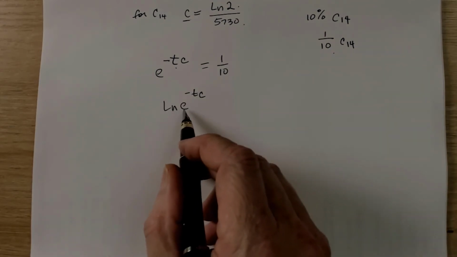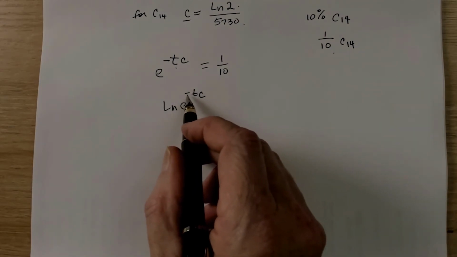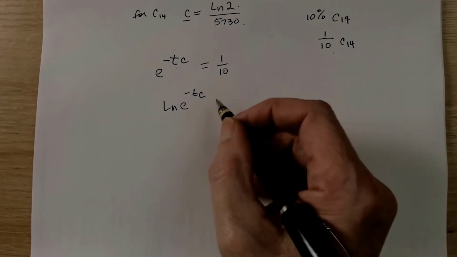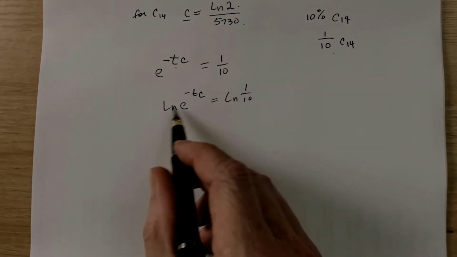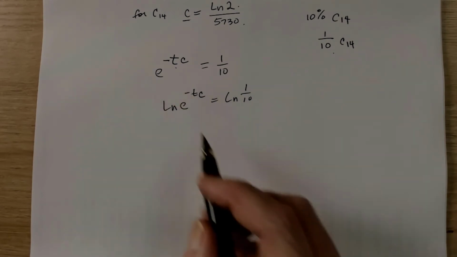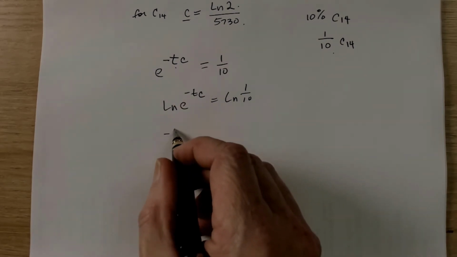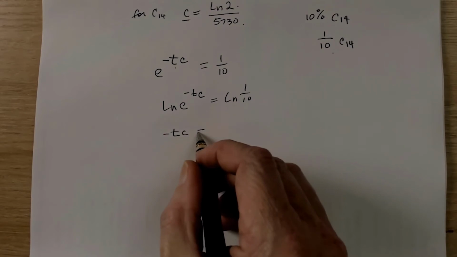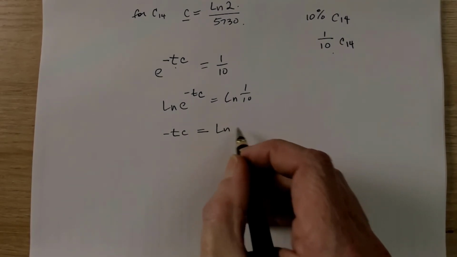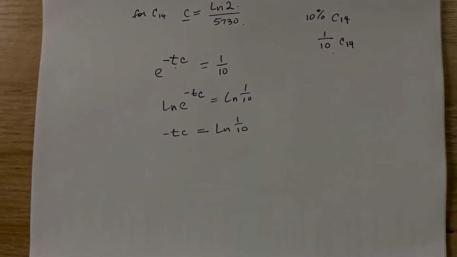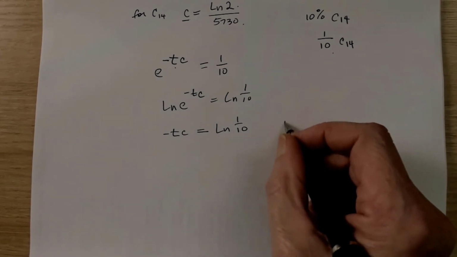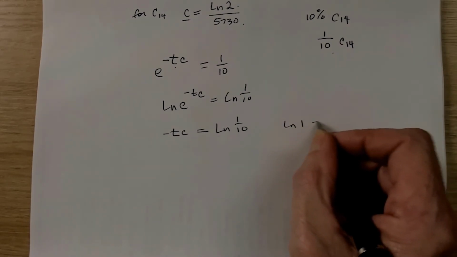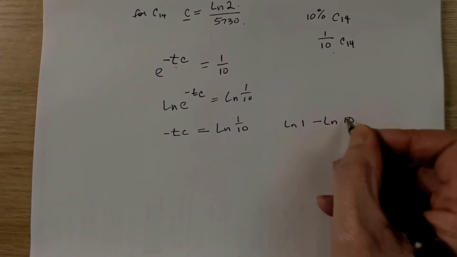So we'll take the natural log of e raised to the power of -tc equals the natural log of 1/10. The natural log of e is 1, and we can bring the exponent down, so we get -tc equals the natural log of 1 over 10. Recall the natural log of 1 over 10 is the natural log of 1 minus the natural log of 10.